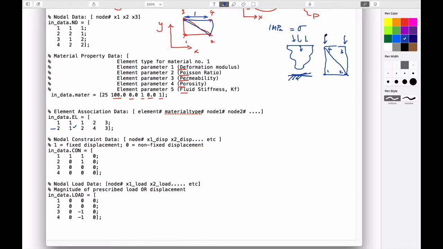So when you add these two together, 1 MPa times 1 meter times 1 meter is 1 meganewton, and so it would be something like 500 times 10 to the 3, so 0.5 times 10 to the 6 newtons.